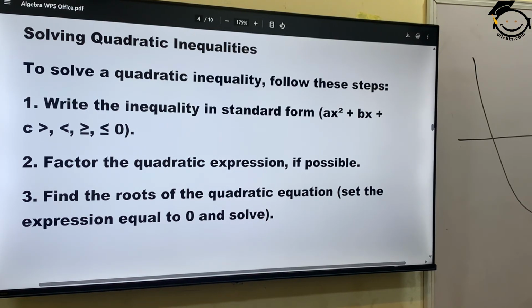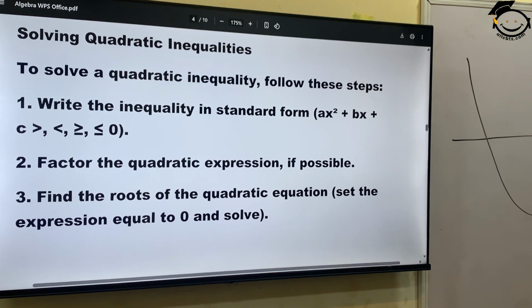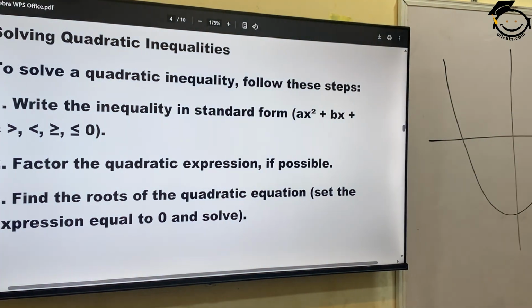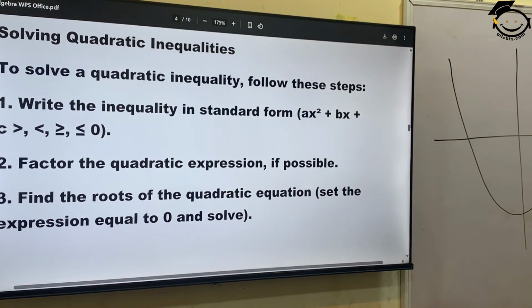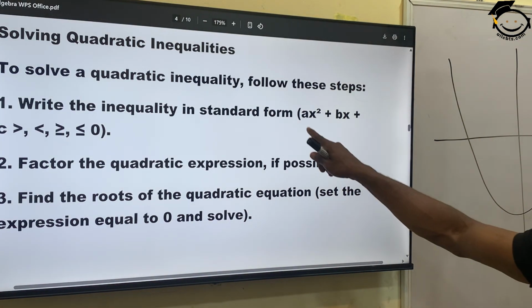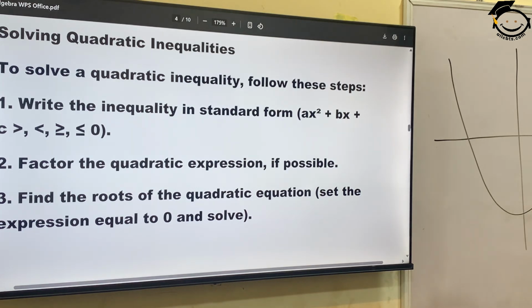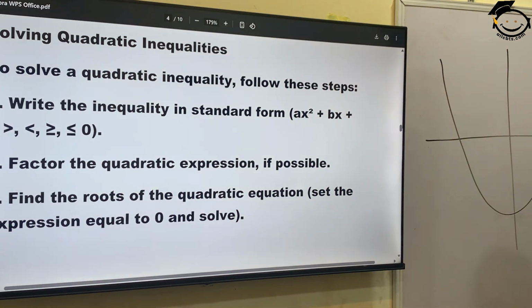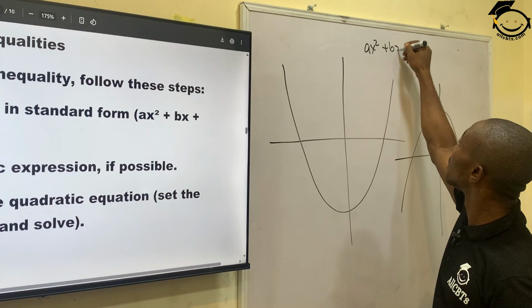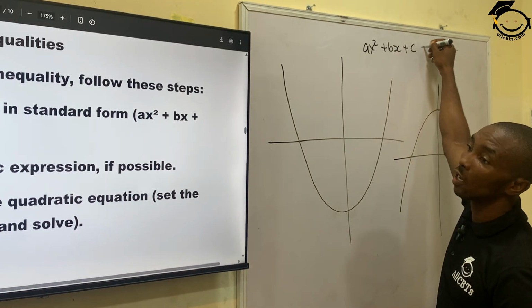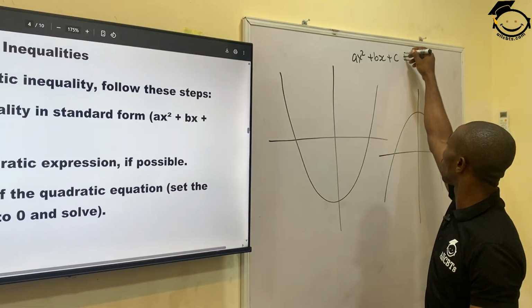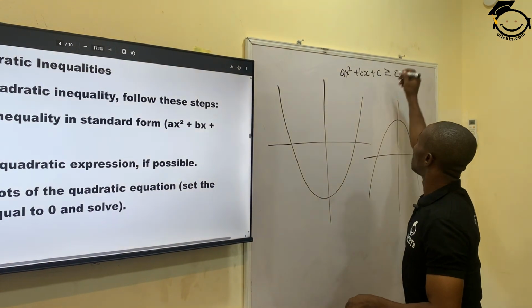all right, solving quadratic inequalities, we have to first of all follow the following steps. We write the inequality in standard form, which is in this form, where you have your ax squared plus bx plus c greater than or less than or equal to, whichever one, 0.